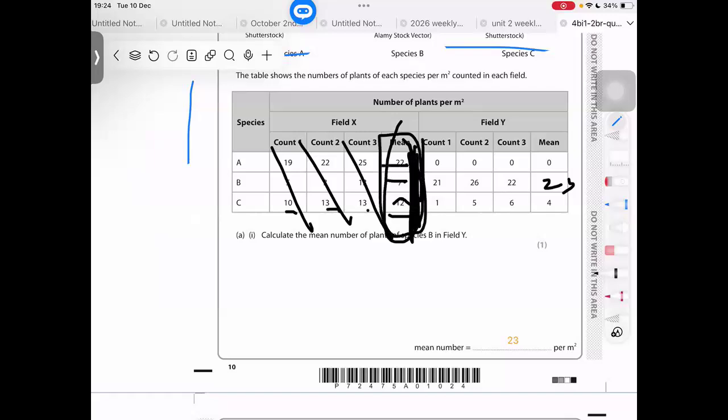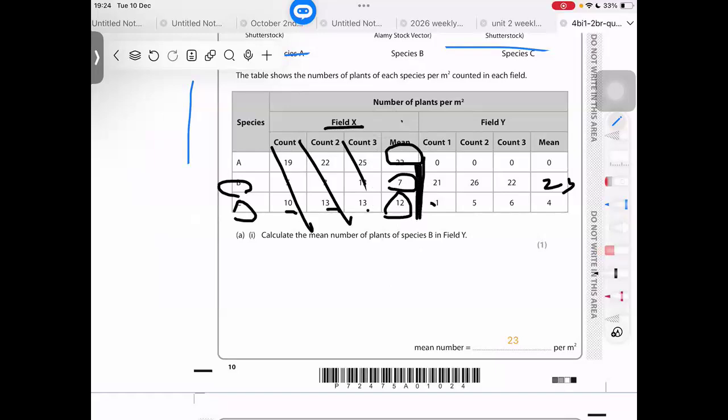That is the most accurate value. Species A has 22 individuals. Species B has 7 individuals. Species C has 12 individuals. That means in field X, if you compare these values, they are a bit closer to each other.